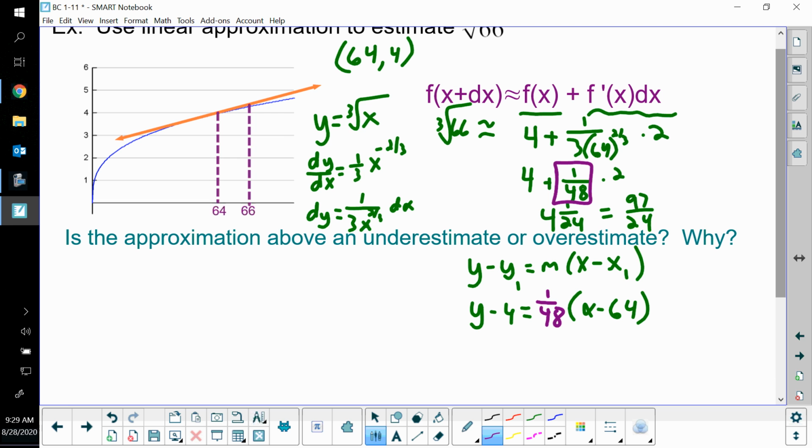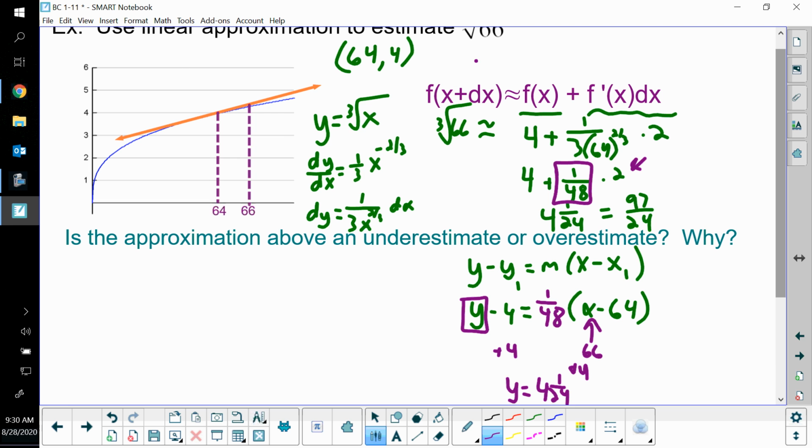Well, what we're trying to find is this y value here. And we can get that by subbing the 66 in there. Well, 66 minus 64 is 2. Notice that matches this. 2 times 1 over 48 gives us the 1 over 24. And then you would just add the 4 over. So then we would get y is equal to 4 and 1/24.